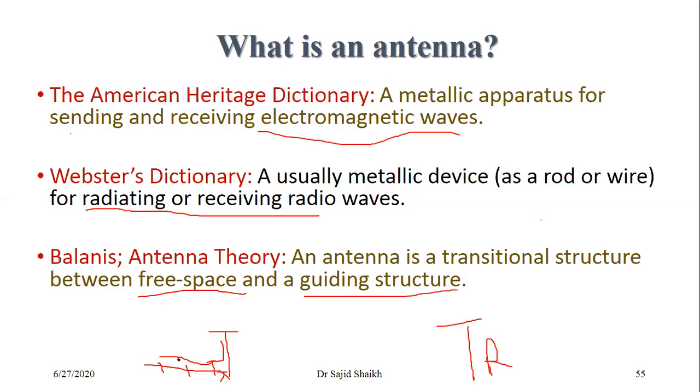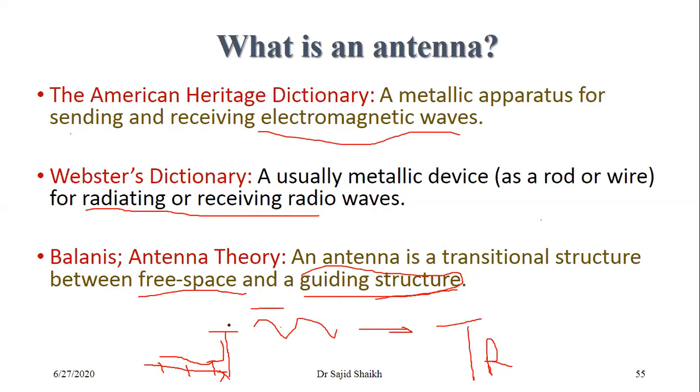When the signal is transmitted through wires, we call it guided transmission, or in other words a guided structure. Once the signal comes through all these devices to the antenna, the antenna transmits this signal in the form of electromagnetic waves, from the transmitter to the receiver. So between transmitter and receiver we have this free space.